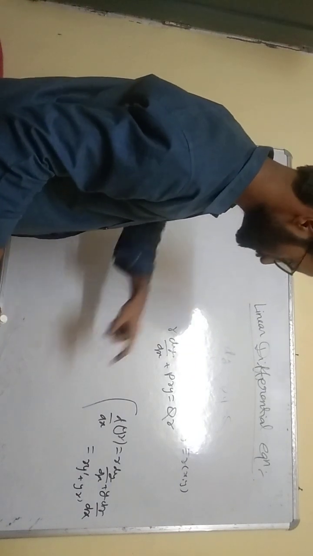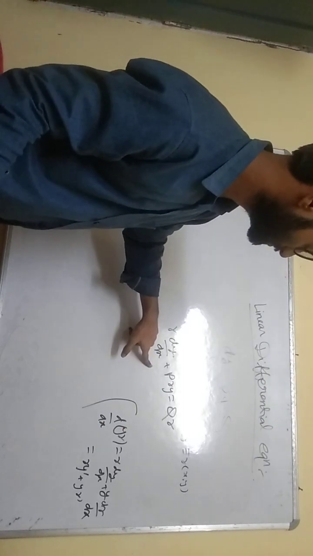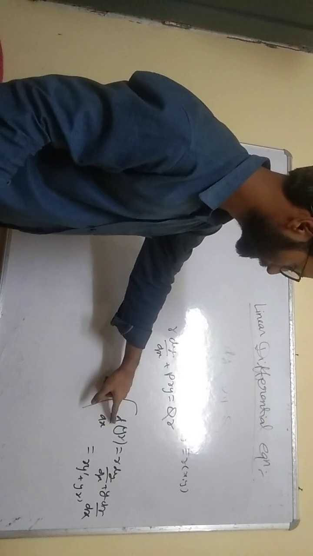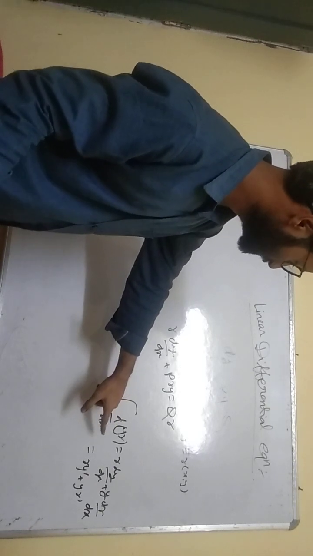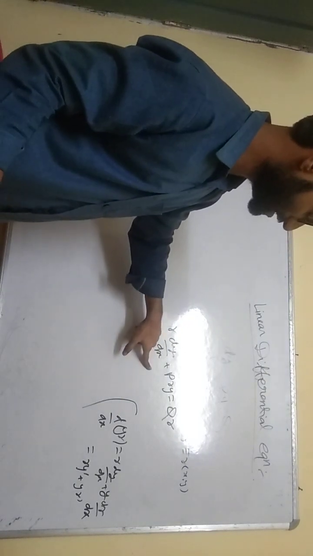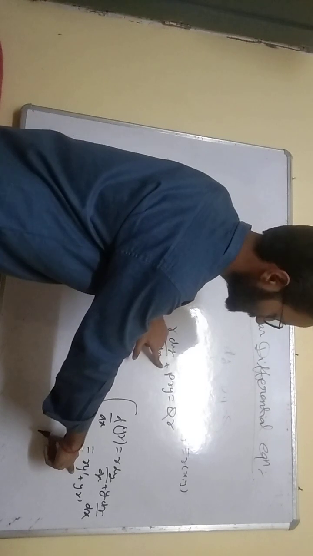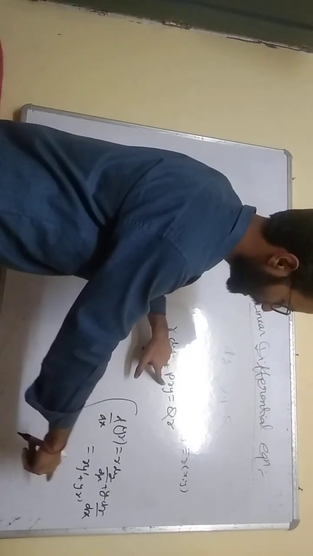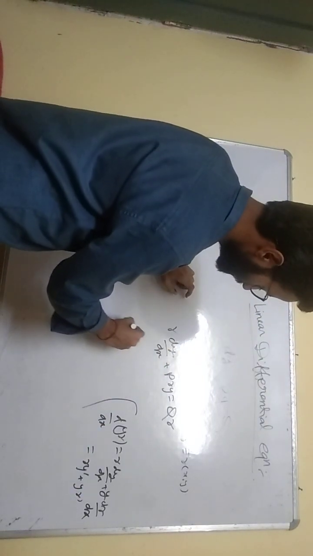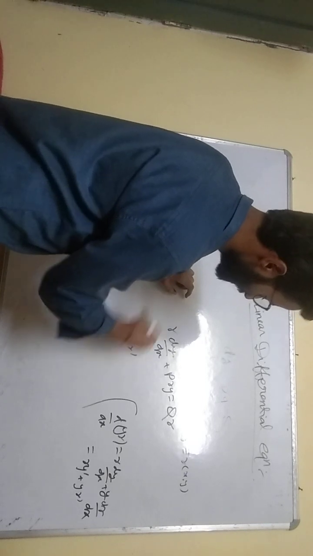If you just compare this and this, r y dash, you can compare this one and this one. What you will get? r y dash plus p r y and y r dash. So I can say that p r is equal to r dash.